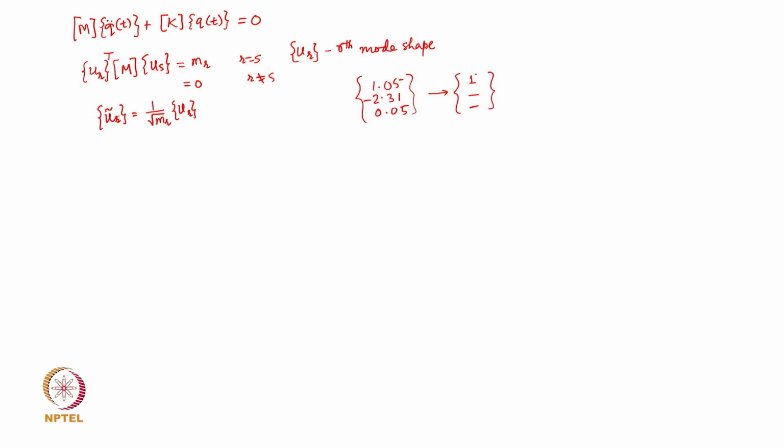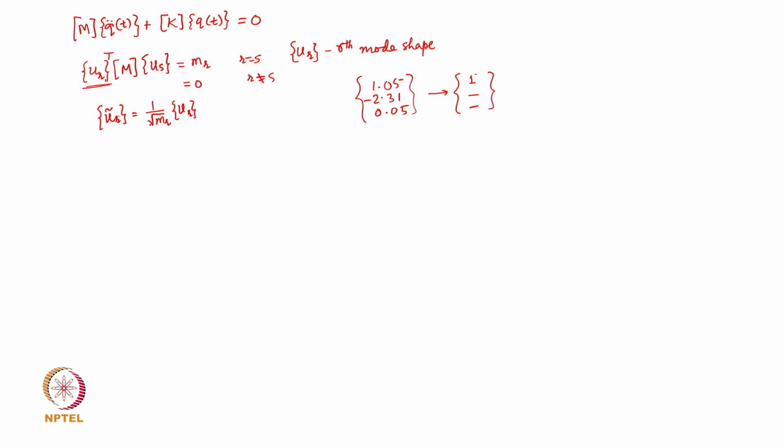But in addition, this process is going to have another very important and significant impact on the solution process. So, the rth mode shape is normalized by dividing all the elements of this rth mode shape by the square root of the rth mode generalized mass. Okay.